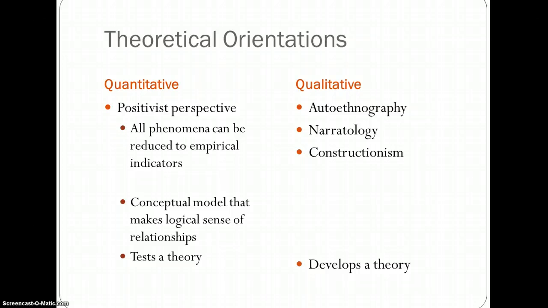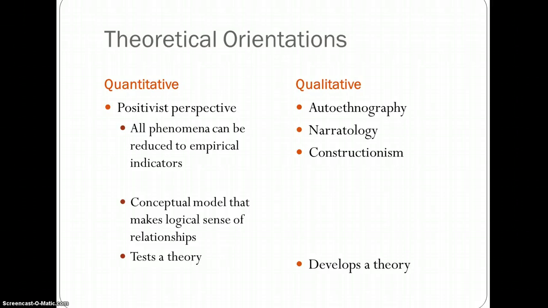Both quantitative and qualitative research have significant theoretical orientations. Quantitative research comes from the positivist perspective that all phenomena can be reduced to empirical indicators. Literature review, completed early in the study, helps determine conceptual models and theoretical frameworks that underlie the research.